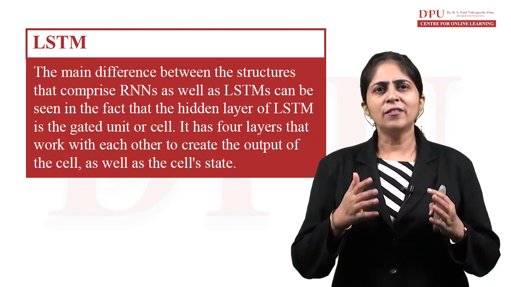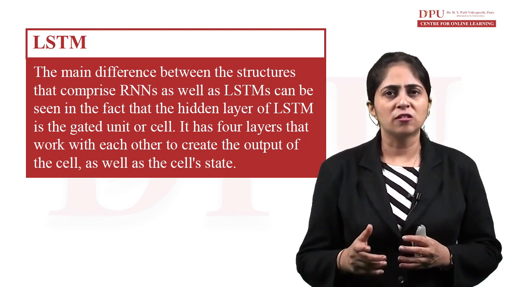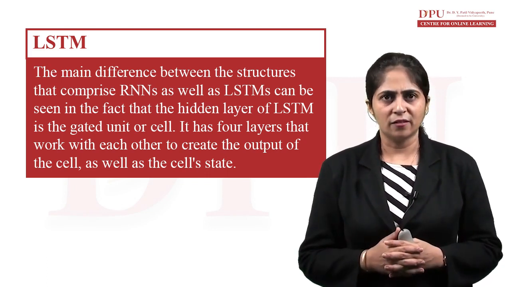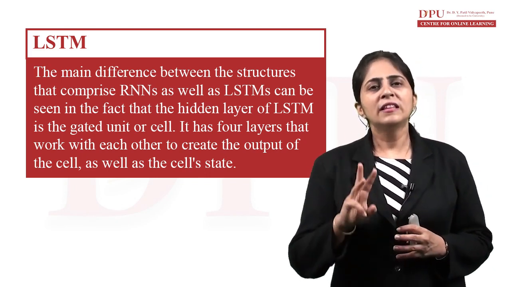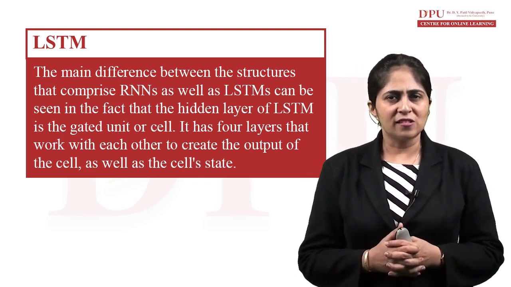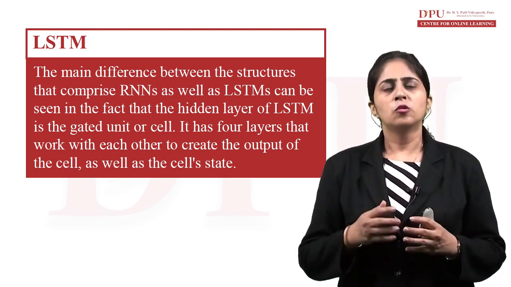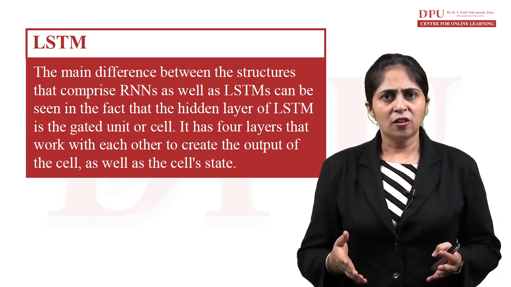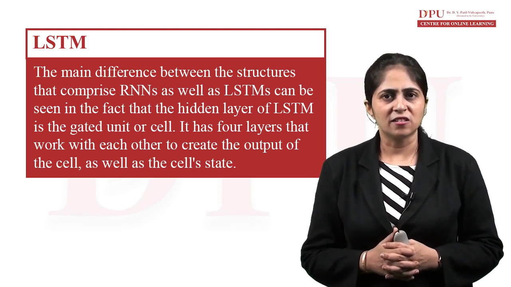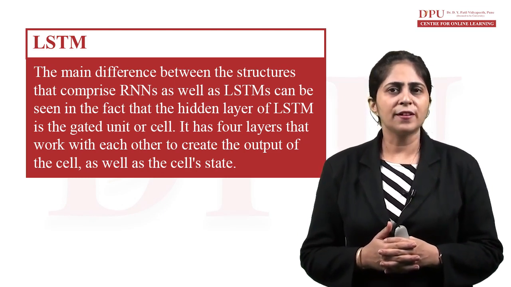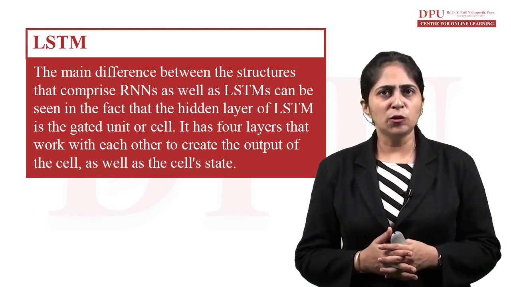The hidden layers of LSTM are gated units, or cells, comprised of 3 logistic sigmoid gates and a tanh layer. The gates are added to restrict the information that goes through the cells. That is the structural difference between LSTM and the recurrent neural network.